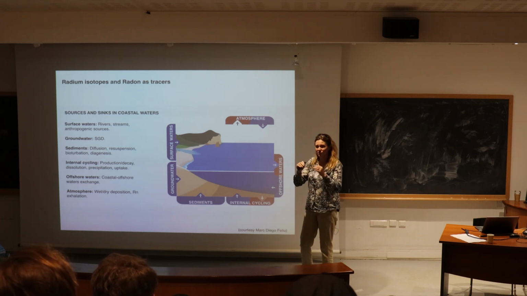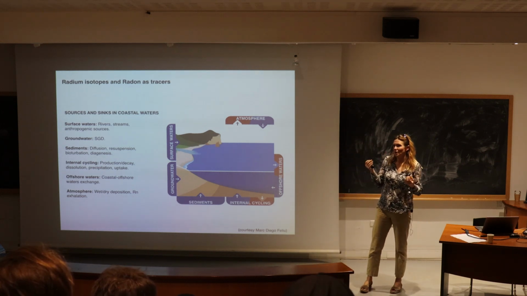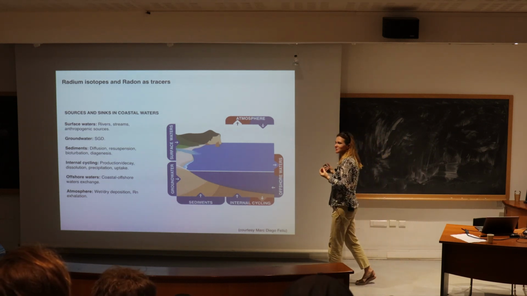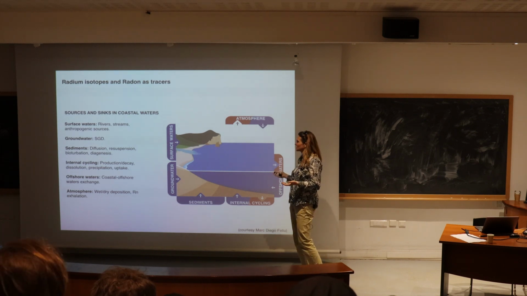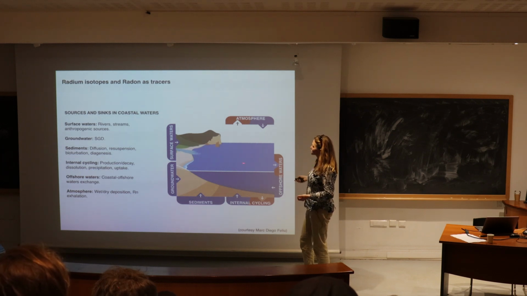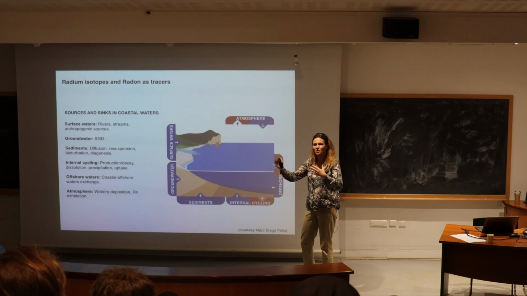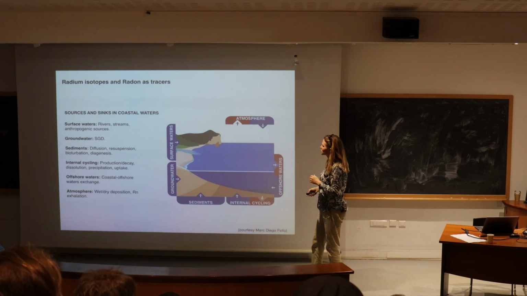But there's also diffusion happening right near the sediment-water interface. Should we count that as submarine groundwater discharge? And to what extent is that contributing to the inventory of radiogenic tracers in our surface water that we might measure at any time? There's all kinds of also exchange between other surface waters, like through inlets in a bay, or just with open sea or open ocean.